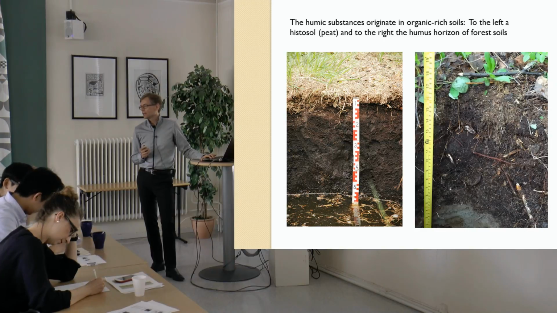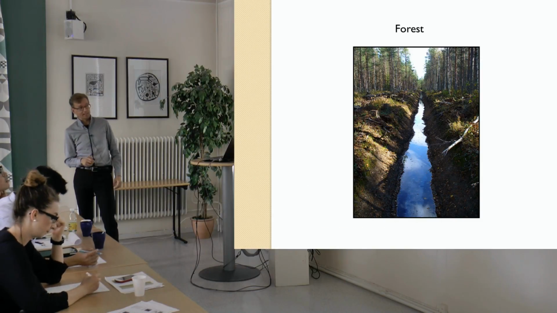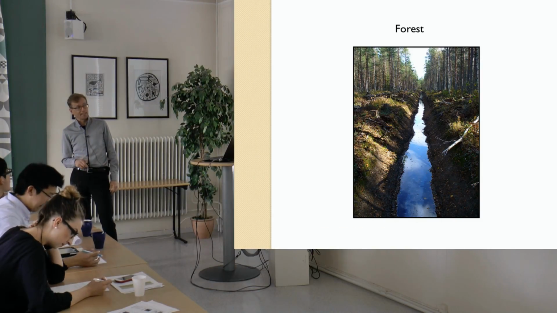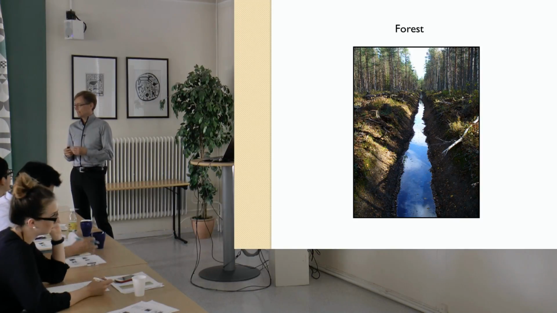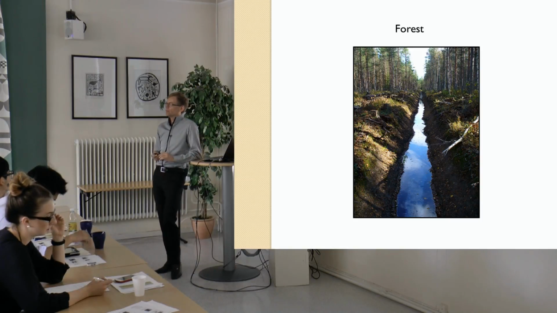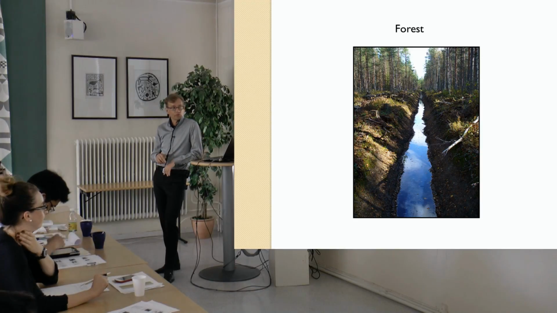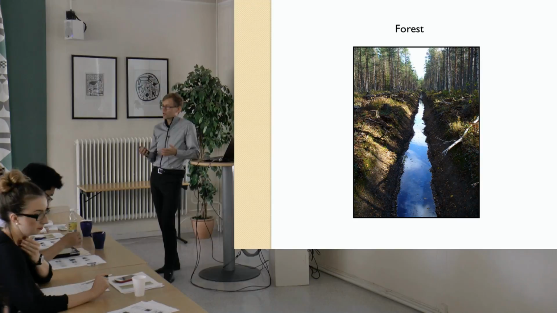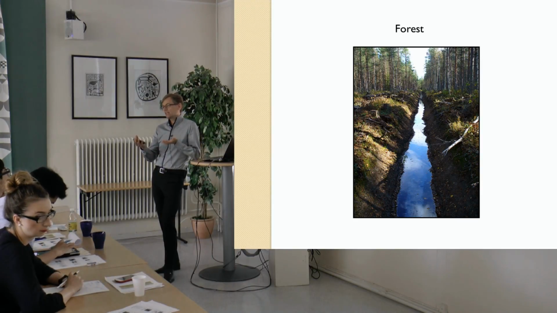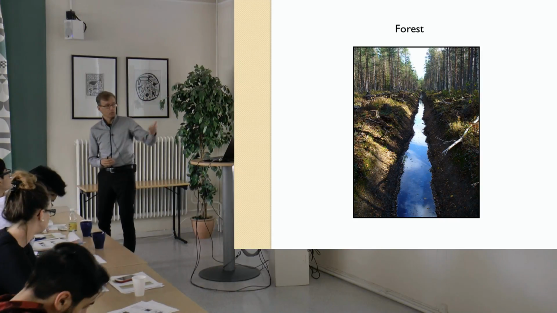And these soils mostly occur in the forests. And we know the forests in Finland at least, and in large parts of Sweden, look like this, extensively ditched. And this has, of course, increased the leaching of a large number of components, including the humic substances. Because if it wasn't for the ditches, the soils would be more intact and they would stay there in wetlands. But now when so much has been drained, it looks like this.